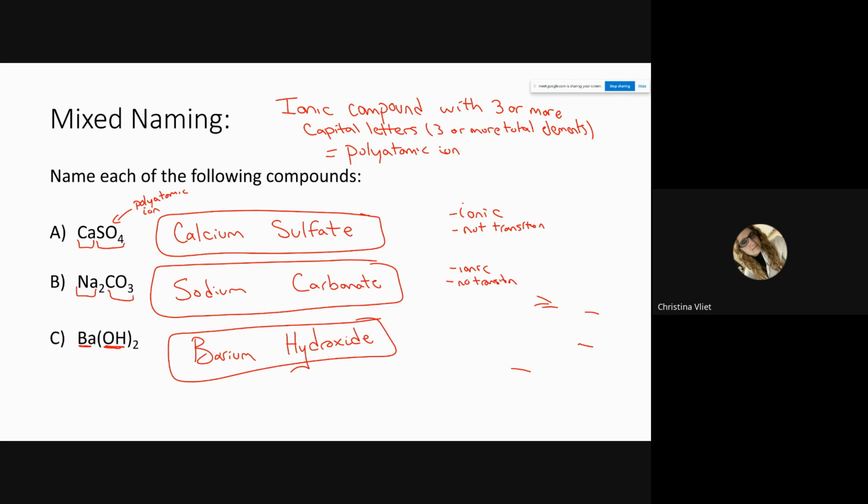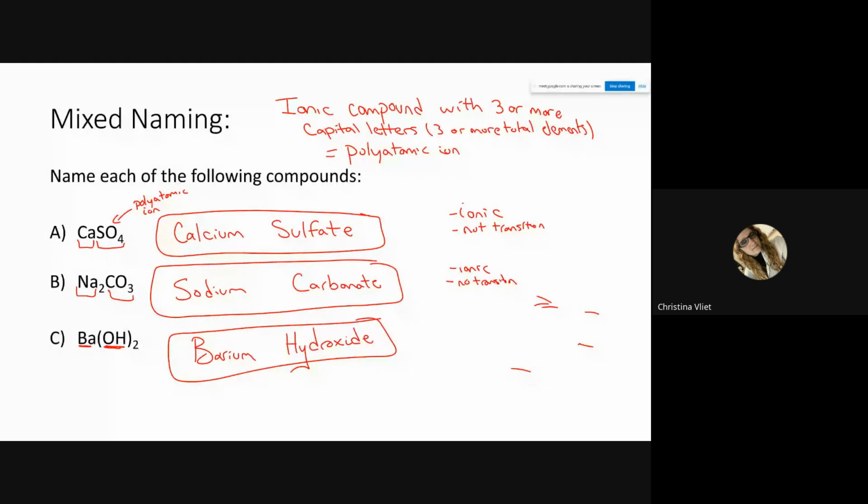If you see something inside the parentheses, that's definitely going to be a polyatomic ion. And then you just consult your list for now, and you're like, okay, that's hydroxide. That list, like I said, has to be memorized, but it has to be memorized by next week Wednesday, so you've got some time.